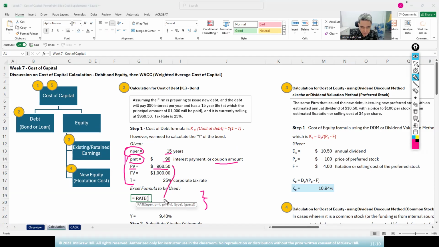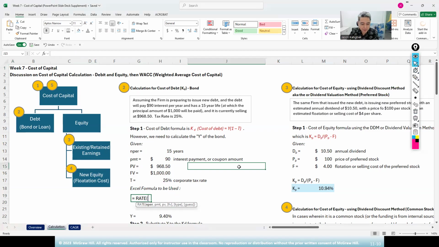So that's the PV, not the payment, the PV. Make sure it's clear. And then you have the future value of 1,000. Right now we're not going to use this letter T, which is the tax rate, but I wanted to show you the equals rate formula in Excel. Let me take it out.